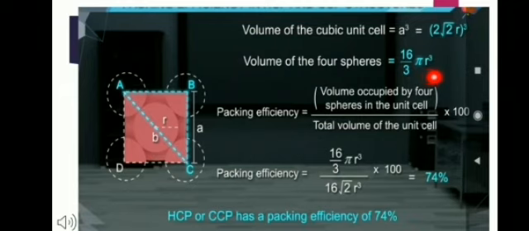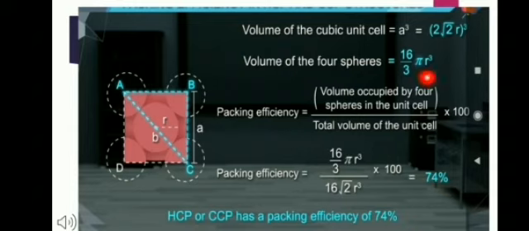From this also you can calculate the radius r. Now the volume of the cubic unit cell is a cube, that we have done, 2 square root of 2 r whole cube. Now the volume of the 4 spheres is 16 upon 3 pi r cube.